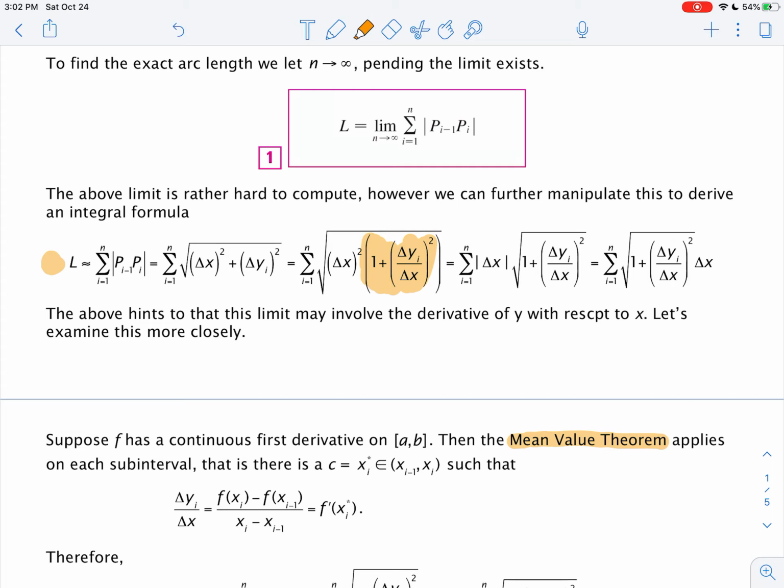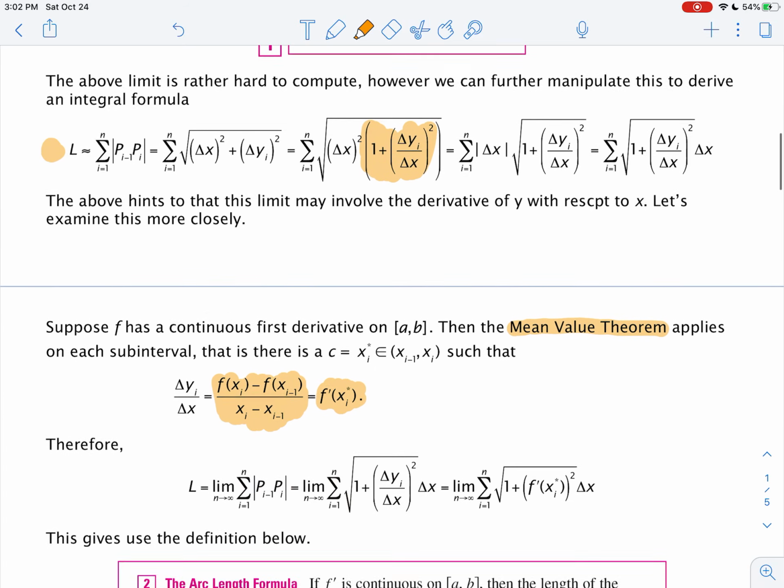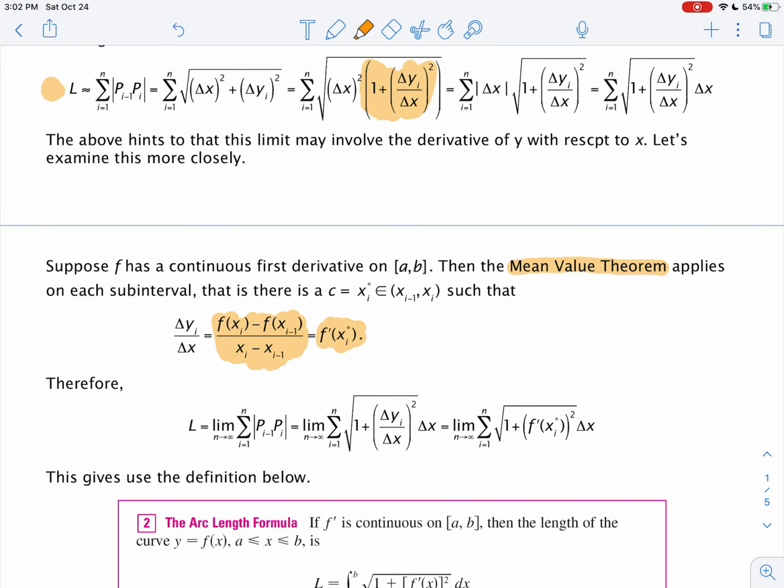By the mean value theorem, there is a point C where the average rate of change, delta y over delta x, equals the instant rate of change, or the derivative. For every one of those delta x intervals, we've got a point C equal to xi star.